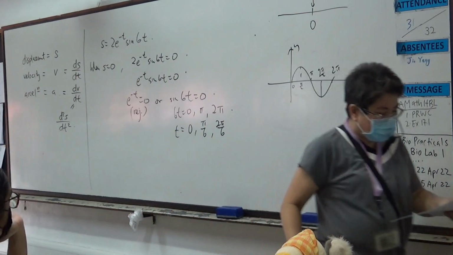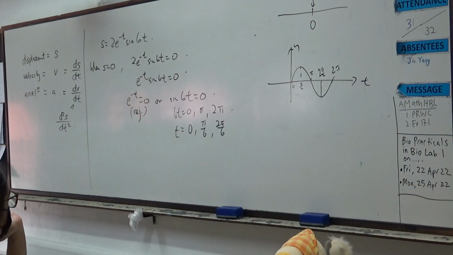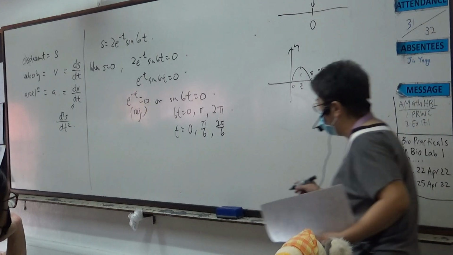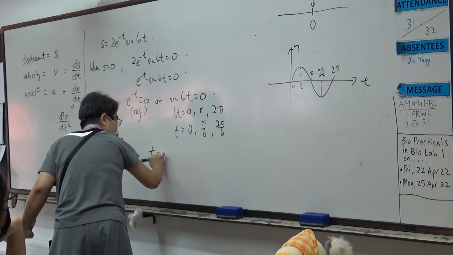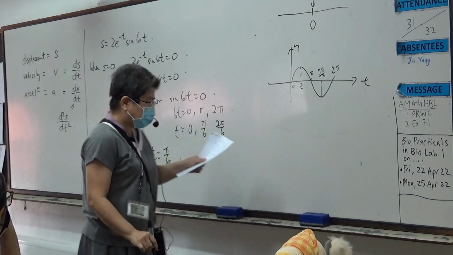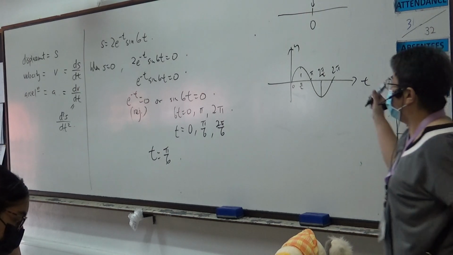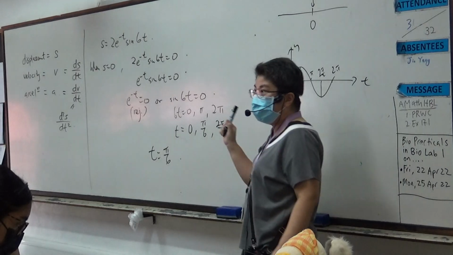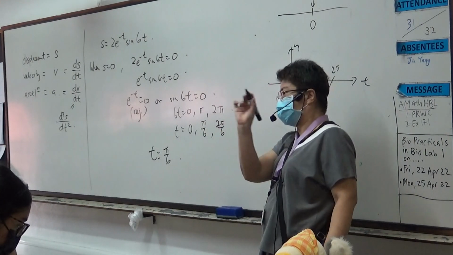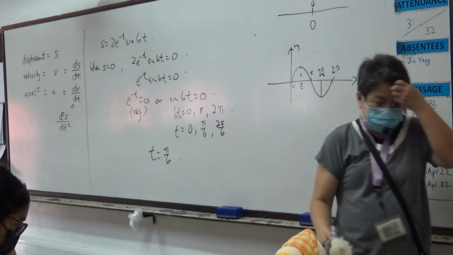The question says, find the value of t when the particle first returns to O. So t must be equal to pi over 6. Are we clear? Yes or no? Okay, now if you go higher level, if the thing goes down like that, it's actually simple harmonic motion. It's like a spring.